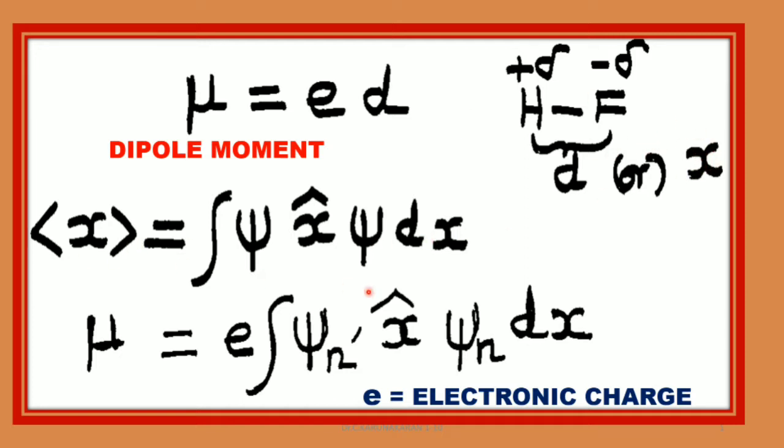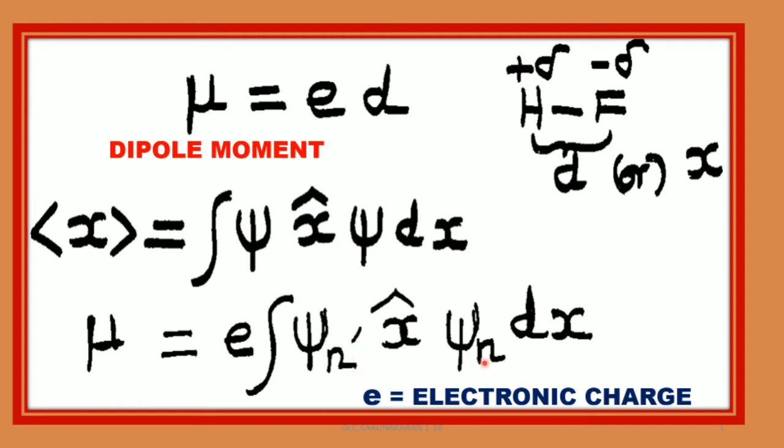Here the average distance is calculated by using the average value theorem or expectation value theorem. இது நம்ம ஏற்கனவே postulates-ல படிச்சிருக்கோம். So mu equal to e x, where e is the electronic charge, the electronic dipole moment. So the transition takes place from psi n prime to psi n.